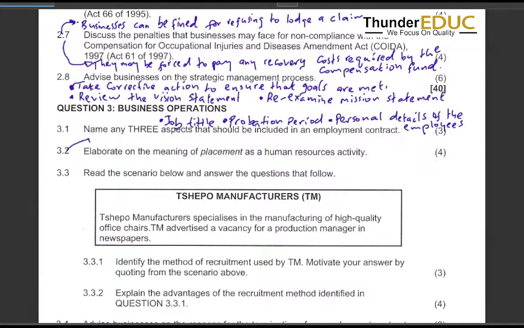So we are saying that the first one says a specific job is assigned to the selected candidates.